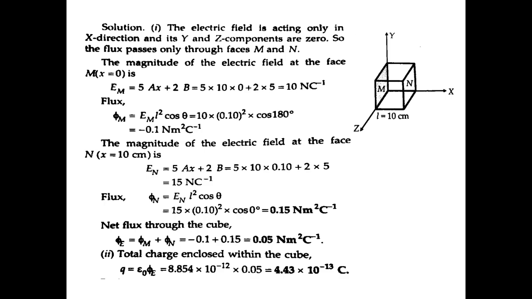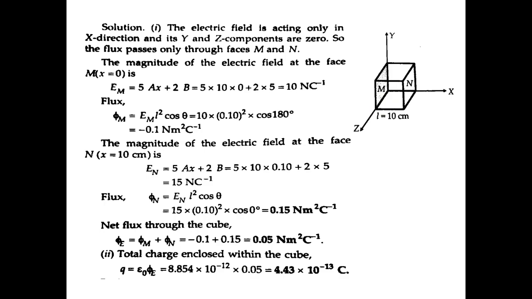The magnitude of the electric field at the face M, that is x equal to 0, is Em equal to 5Ax plus 2B. Putting the value of x equal to 0, we get Em equal to 10 Newton per Coulomb, and the flux phi m equals Em L square cos theta.